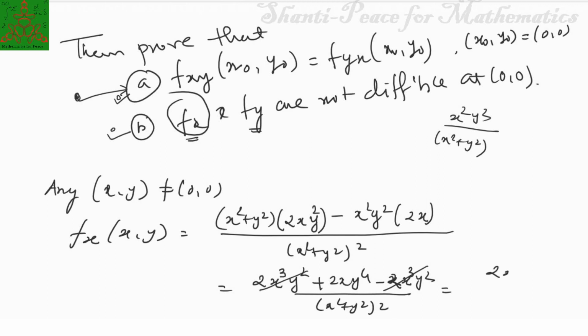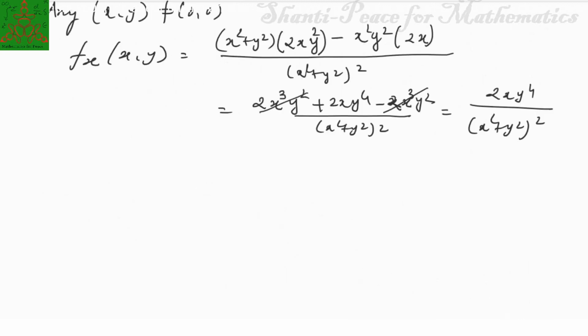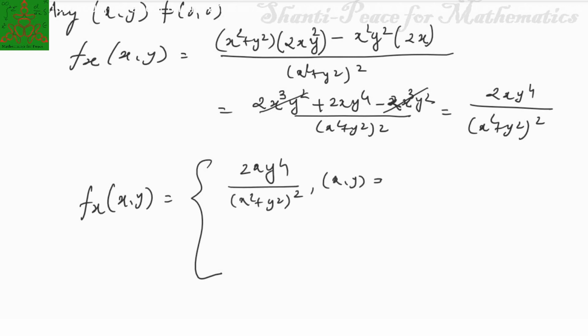So finally you will have x y raised to 4 upon (x squared plus y squared) whole squared. So finally, f_x at any point, for a non-zero point, is this, where (x, y) is non-zero, and at the 0 point it will be 0.